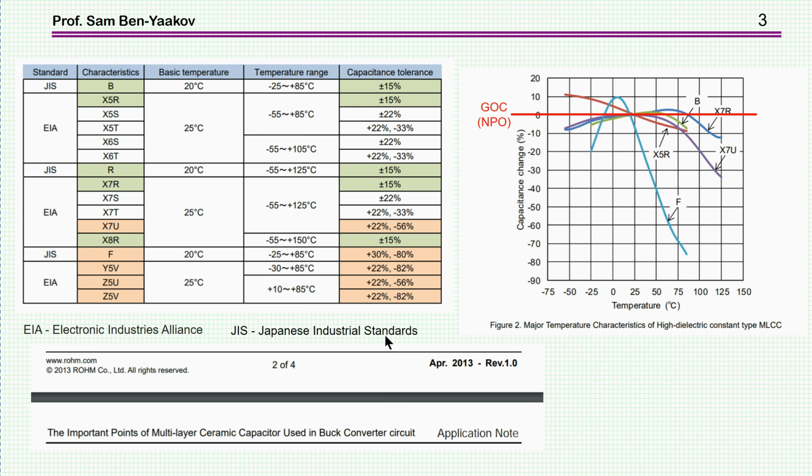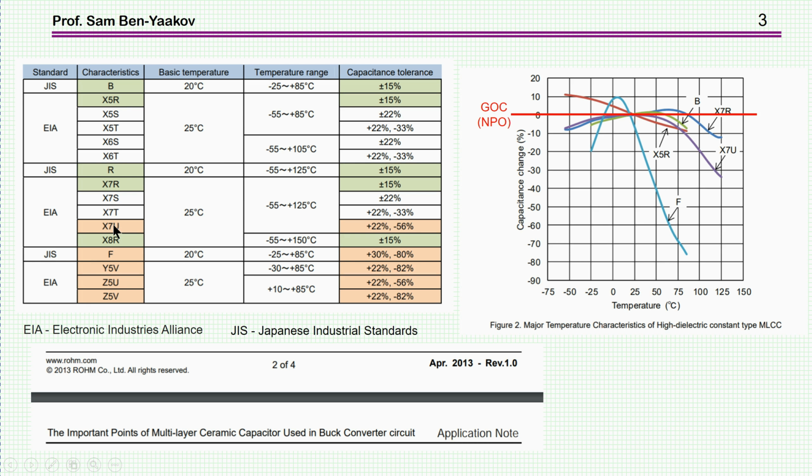Now, here is an overview of various kinds of ceramic capacitor materials. EIA and JIS stand for the Electronic Industries Alliance and Japanese Industrial Standard. These are standards for the size, temperature range, etc., that are assigned to capacitors.